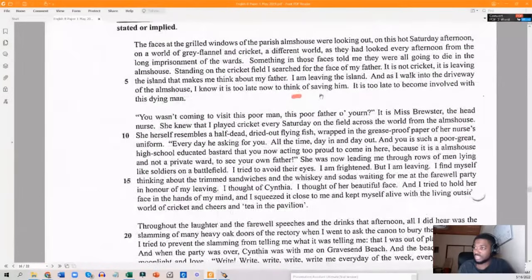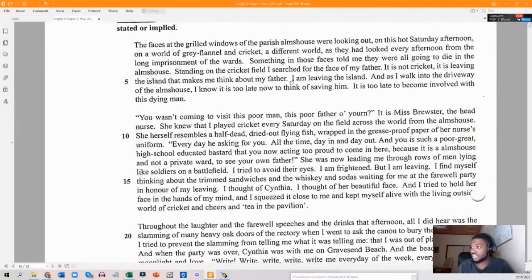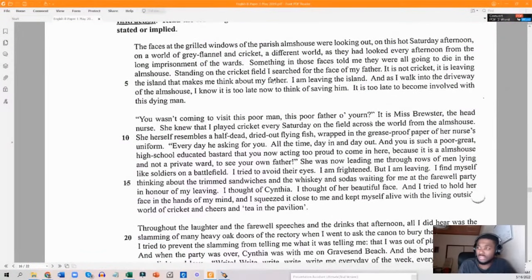Let's check for evidence. Ingrate. We see here, he does not visit his father, who is in the almshouse. He doesn't visit his father even though he's right across the road. That's the action of an ungrateful child, right? But it doesn't end there.